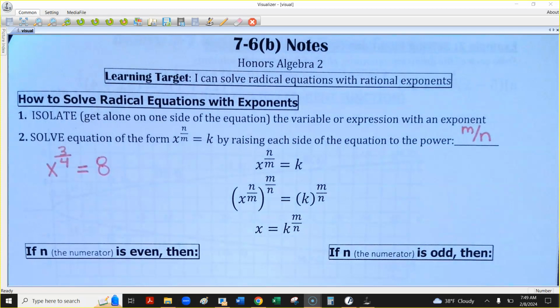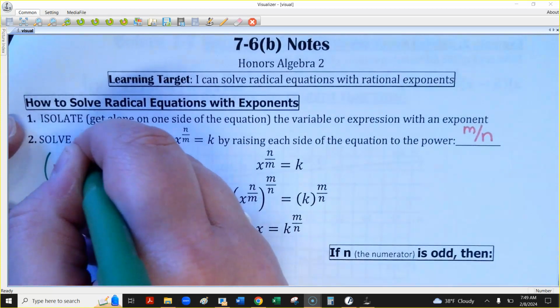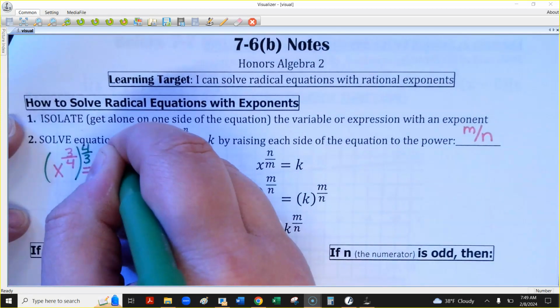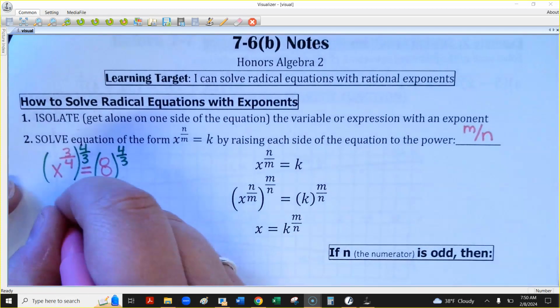What you would do to cancel out that exponent is take both sides to the power of the reciprocal. When you do a power to a power, you multiply the exponents. If we multiply reciprocals together, this would just be 12 over 12, so that would become 1. And so that would cancel out the exponent, and we would just have an x.